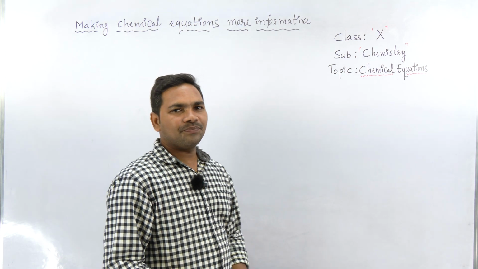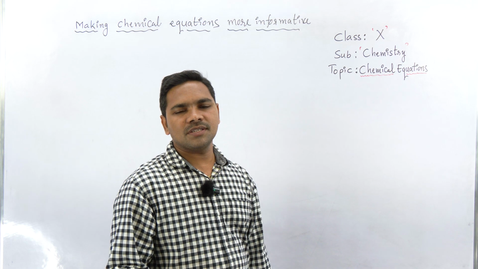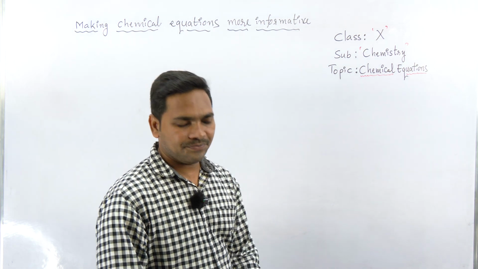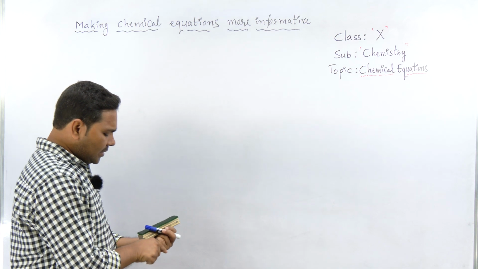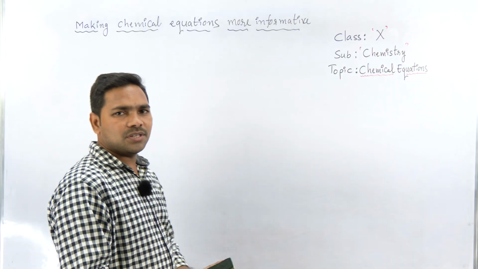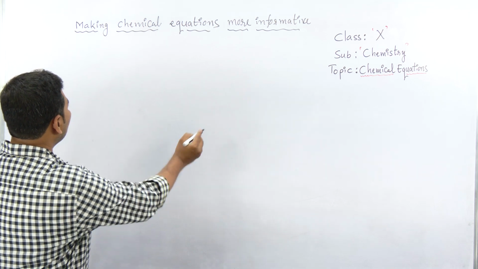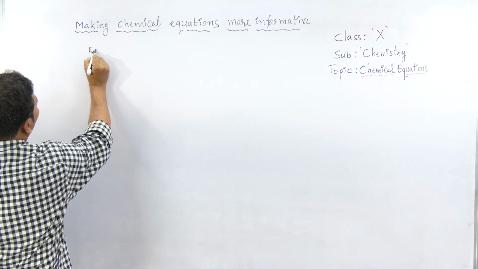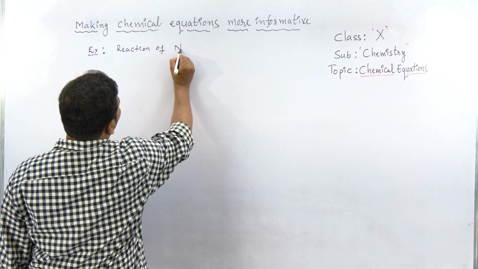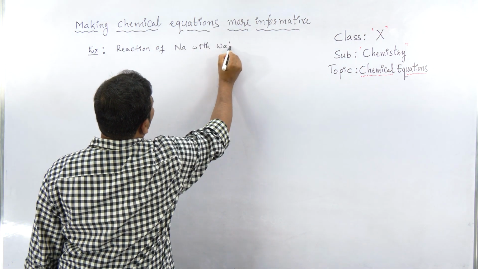In this video, we will discuss how we can make chemical equations more informative. We know how to write a balanced chemical equation, right? Let's take an example: a reaction of sodium with water.